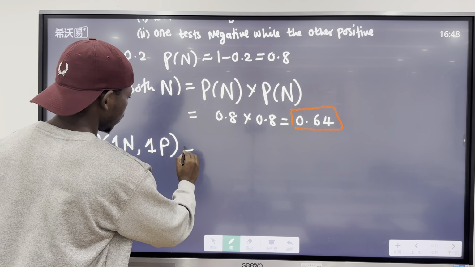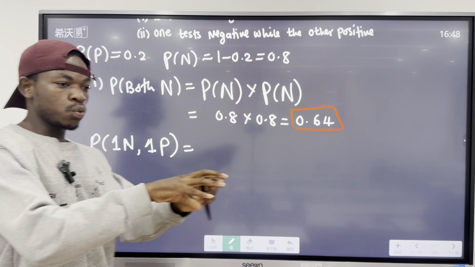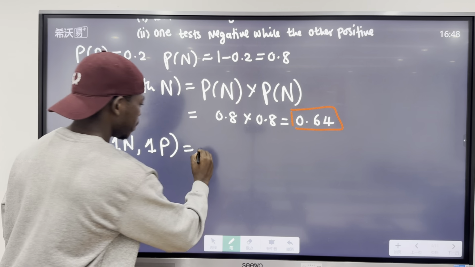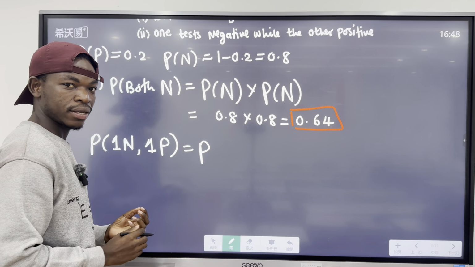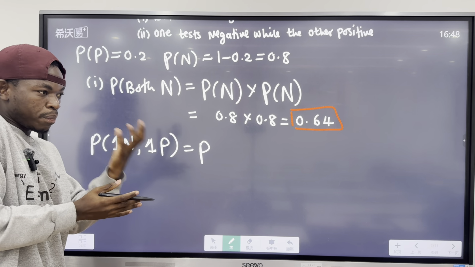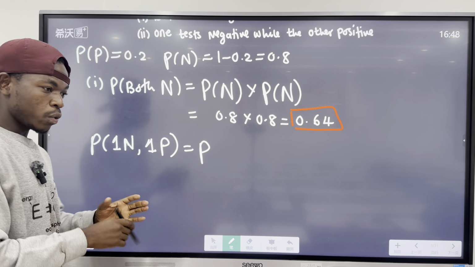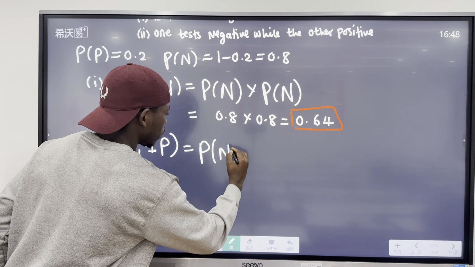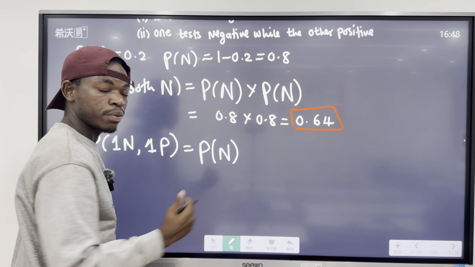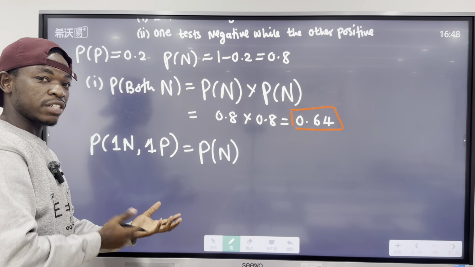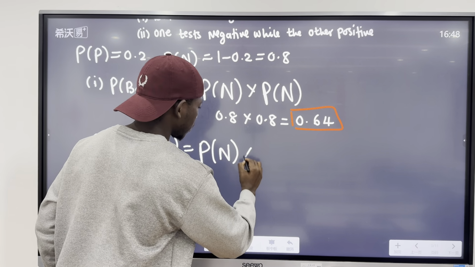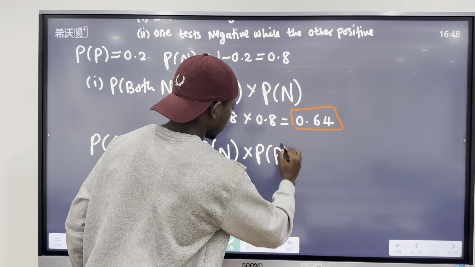I picked 2 patients at random. Let's suppose the first patient is negative. Then the second should be positive, because one should be negative and the other positive.